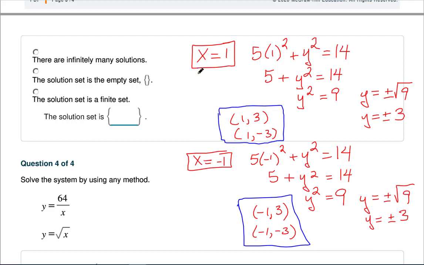So for this 1 x, we actually get 2 points. Similarly, if we plug in minus 1, we get the same situation where y is plus or minus 3. And so for that x, we get another 2 points. So in total, there's actually 4 places those two graphs intersect.